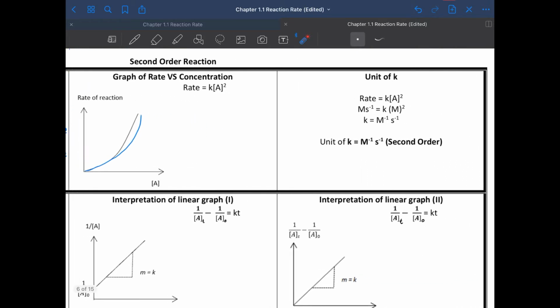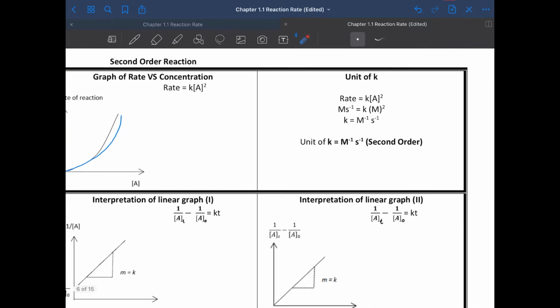Okay, so dapat graph curve macam tu je. And then next, kita nak determine unit of K. Sama juga macam tadi. Rate equal to K concentration A squared. The concentration A adalah nilai dia molar. Unit dia molar. Okay, so molar per second equal to K times with molar squared. So, K is actually equal to molar per second divide molar squared.